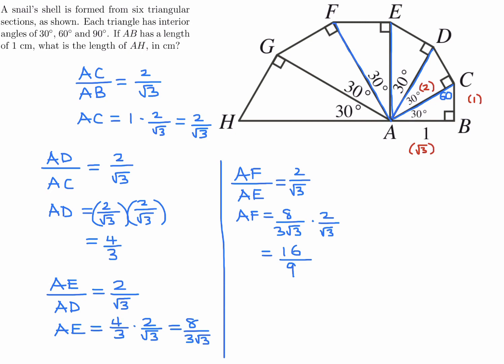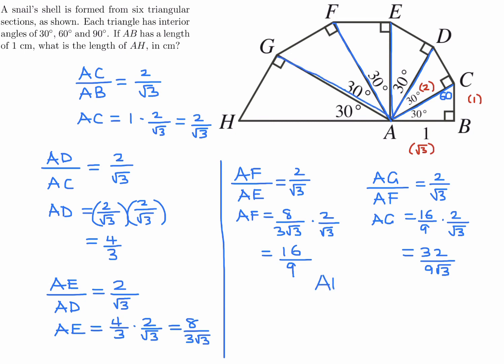And now we have to go with AG. AG over AF is equal to, again, 2 over root 3. So that means AG is equal to 16 over 9 times 2 over root 3. So that is 32 over 9 root 3. And finally, now that we have AG, we can finally calculate AH.